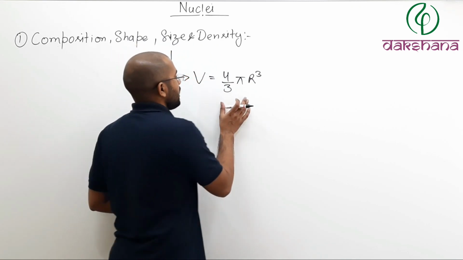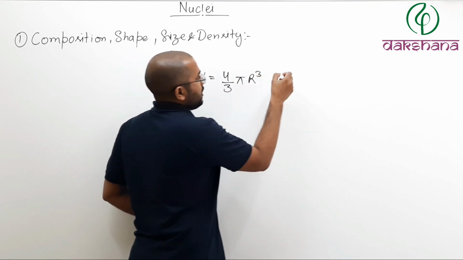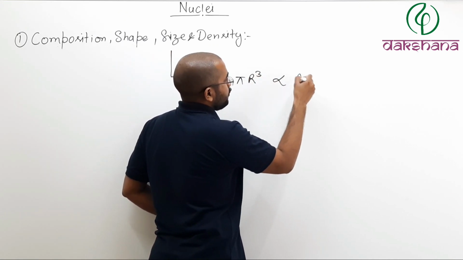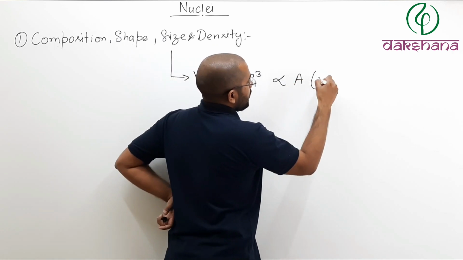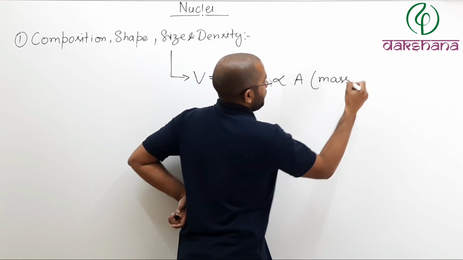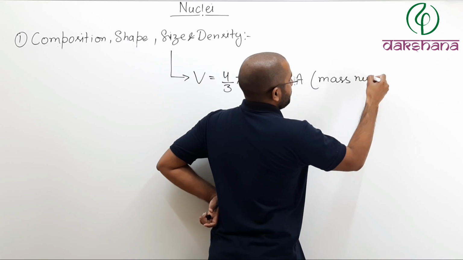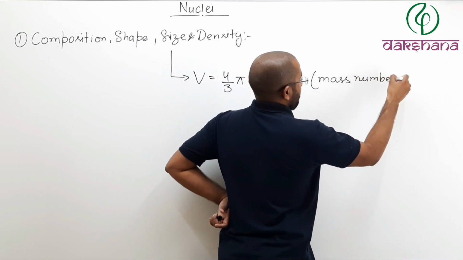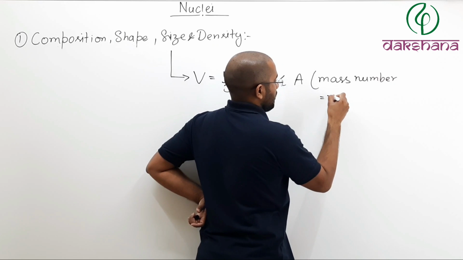So we will say size, volume, will be proportional to A. A is what? A is the mass number. And what is the mass number?